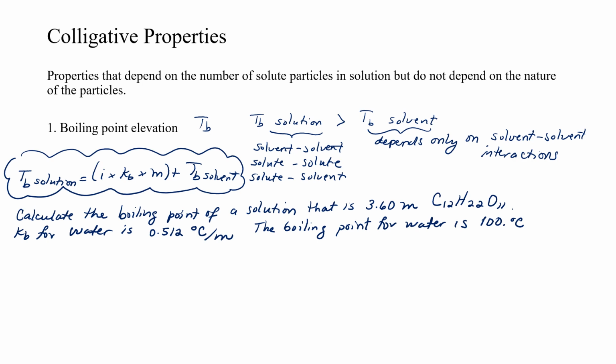You have 3.60 molar, and then you have your solute, the formula right there. That's sucrose. Now, something that you need to know is how to identify a compound as ionic or covalent.